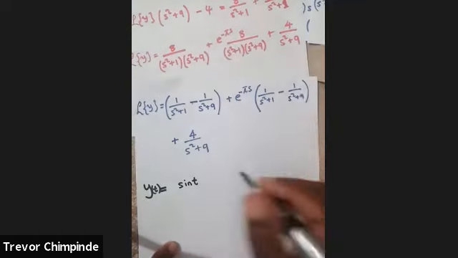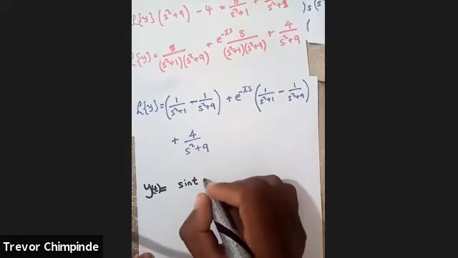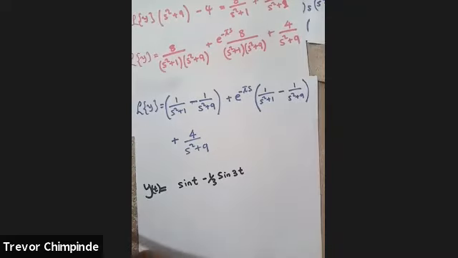How about this one? 1 over s squared plus 9. That's 1 over 3 sine 3t. Good. So it's minus 1 over 3 sine 3t. So we've done this.